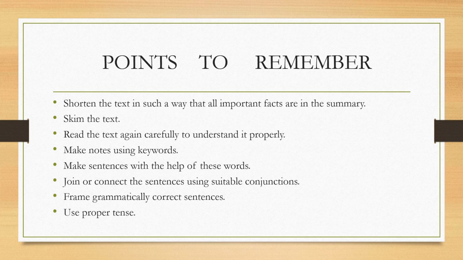Frame grammatically correct sentences. And when you are framing sentences, you should see that the sentences are correct. And then you have to see the tense and use proper tense when you are writing a summary. You have to try and stick to the tense of the original text.